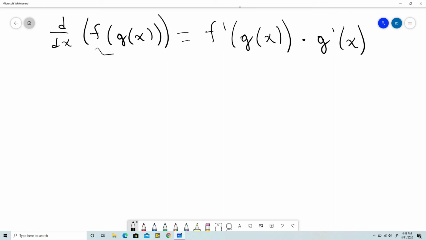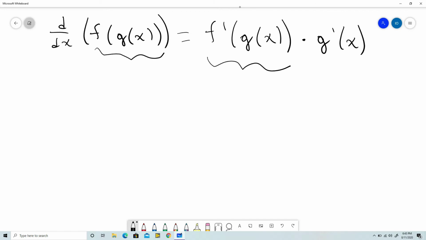First, you're going to be looking at the outer function. You're going to derive that, and you're going to leave all the inner function or functions. There are going to be multiple inner functions, but in this case there's just g of x. We're going to leave those functions alone. So you see that in the first factor, g of x is untouched.